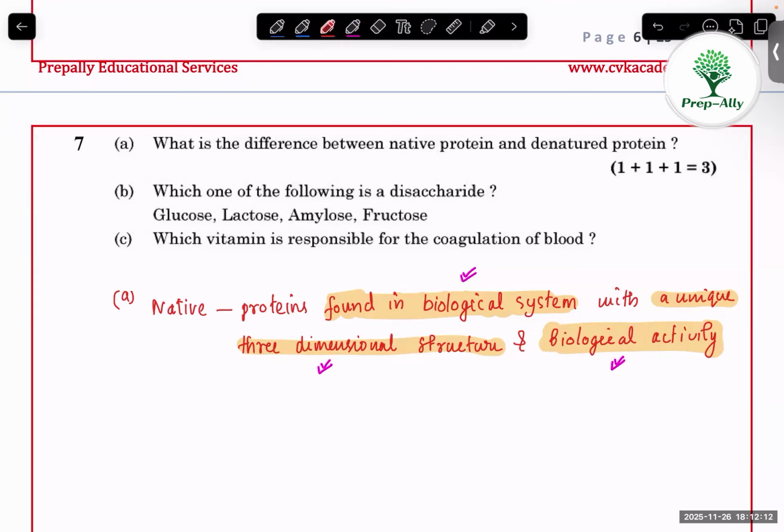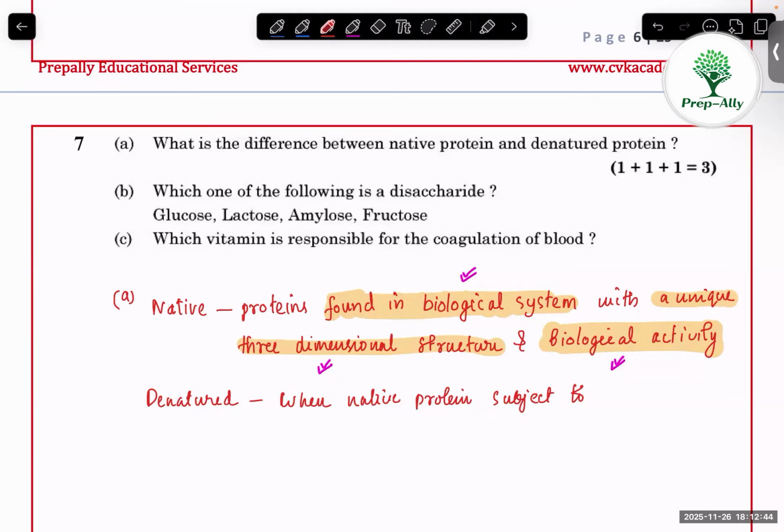But next, you need to write what exactly is the denatured protein. So denatured protein means exactly the same thing only. So when this native protein is subject to, for example, any change we are doing into native form, we will get into denatured form. So what change, how we can make this change?